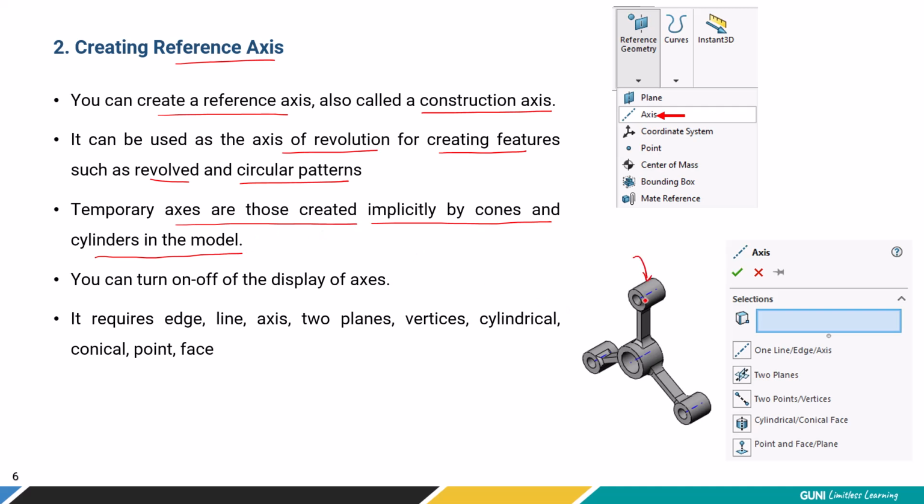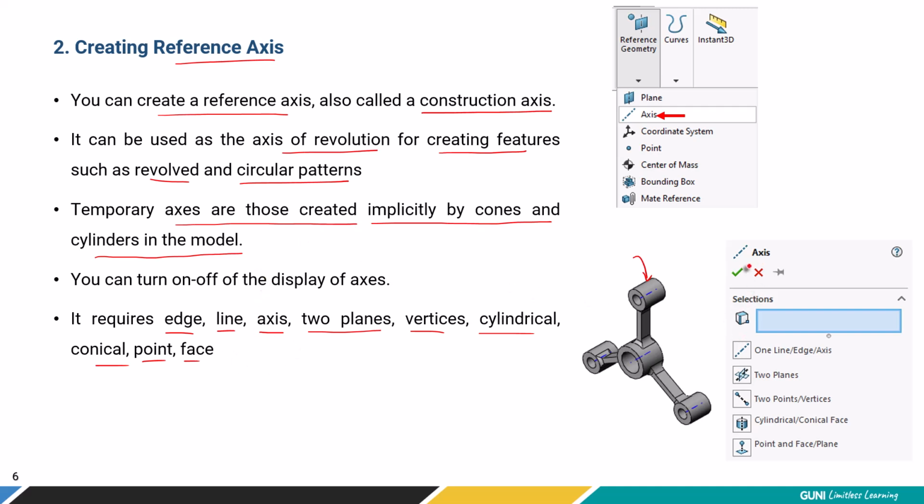So here what you see is a temporary axis. It can be turned on by clicking the display button on the heads-up toolbar. To create a reference axis, you need either an edge, a line, or an existing axis, two planes, the intersection of two planes, vertices, a cylindrical surface, a conical surface, or a point or face. A combination of any two of these will help you create the reference axis.